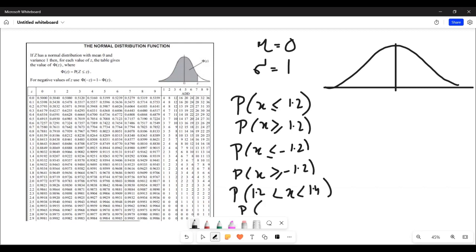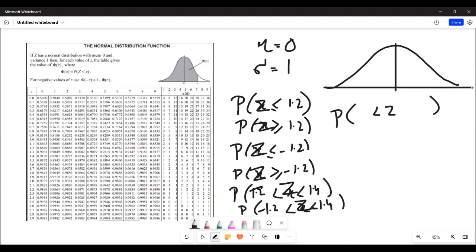Then probability x is in between a negative value and a positive value. And the variable, it's not x, sorry, it's supposed to be z, because in normal distribution, the variable is represented by z. And probability z is in between two negative values. So we did all of this in the last two lessons.